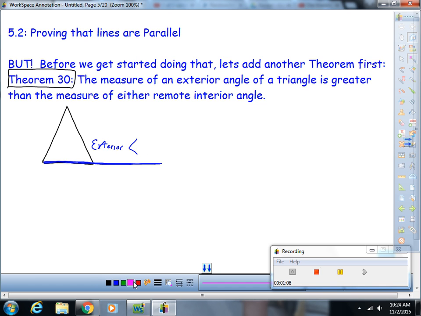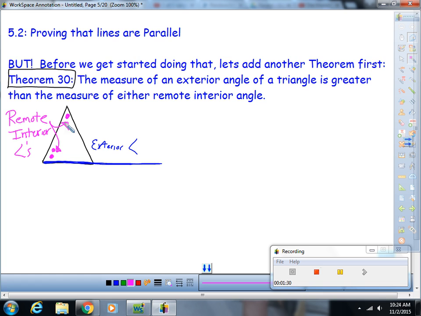Now, you would have no idea about this, but these things are called the remote interior angles. This one and that one are the remote interior angles.